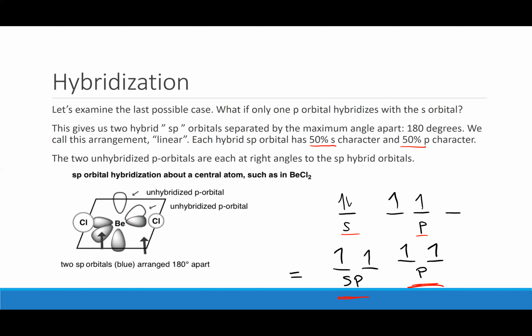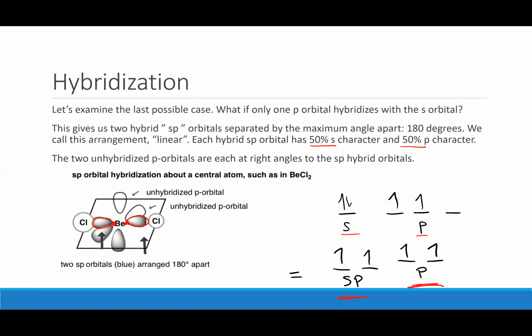Here's an example here. You can see this beryllium chloride is forming bonds with chlorine using its sp orbitals. Here is an sp orbital, and here is another sp orbital.